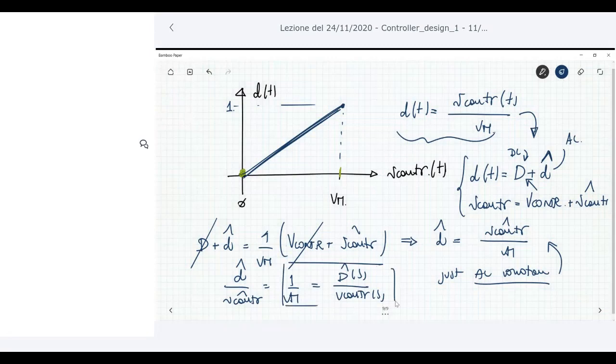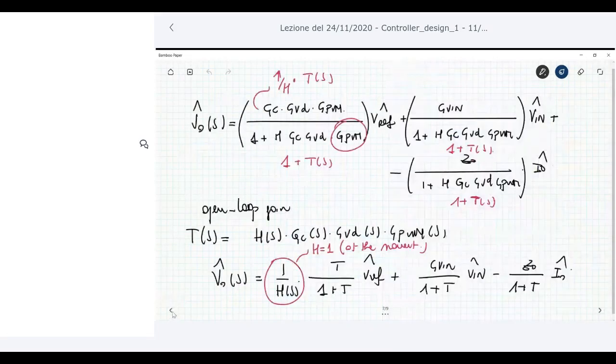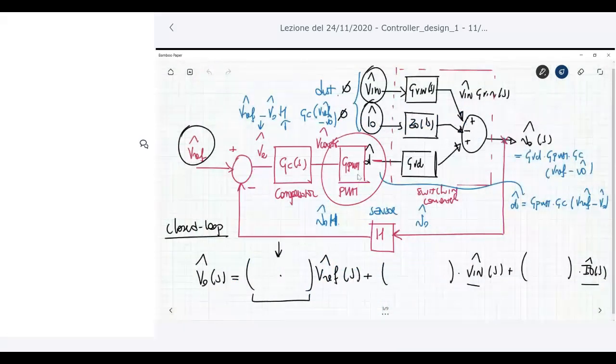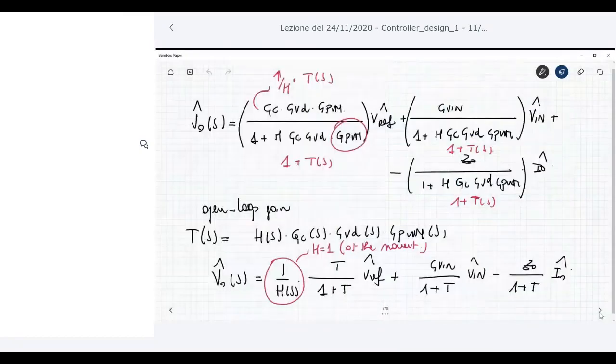Is this the transfer function we are searching for? Look at the block over here. The transfer function is d hat over V control, the ratio between the output and the input. And this is exactly what we search for.